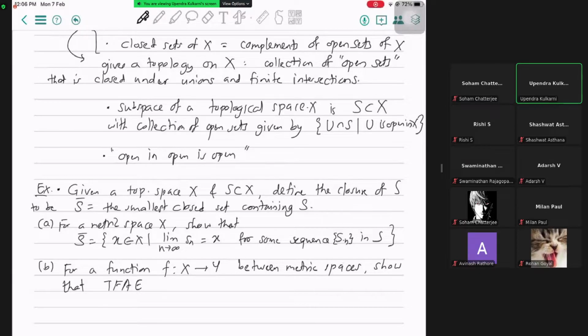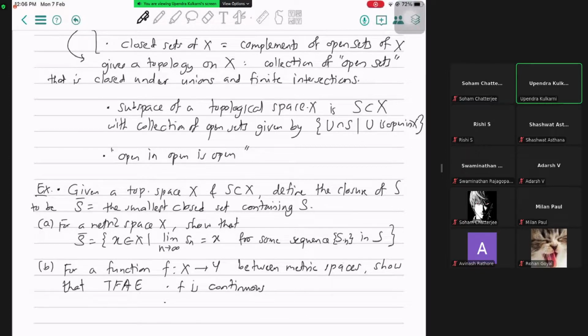We have defined for a function to be continuous, between metric spaces. So what is the definition of continuity at a point? We did write this down, didn't we? For metric spaces, yes. Okay, all right. So let me not repeat that because we are coming to it anyway. We will do this in class. I'm just laying it out.